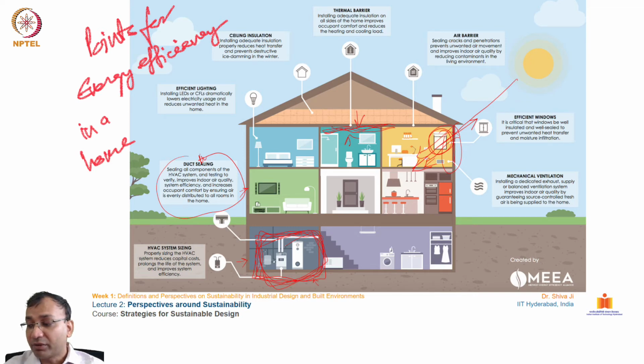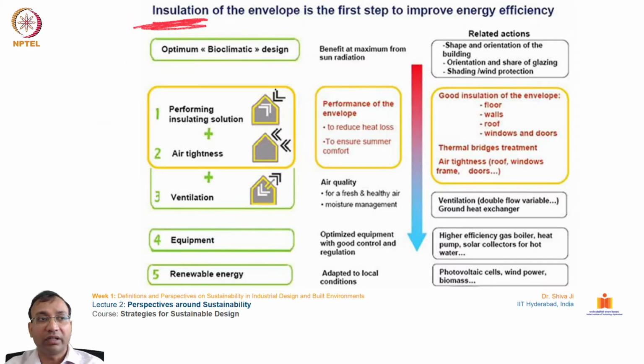By putting up efficient heat-reduction glazing, we can improve efficiency. And if we need heat, for example in a cold climate, of course we need the heat also. So how can the heat be allowed in that scenario? We can devise the glass in such a way that it facilitates this depending on our requirement in the interiors. And of course mechanical ventilation is there to improve the overall performance.